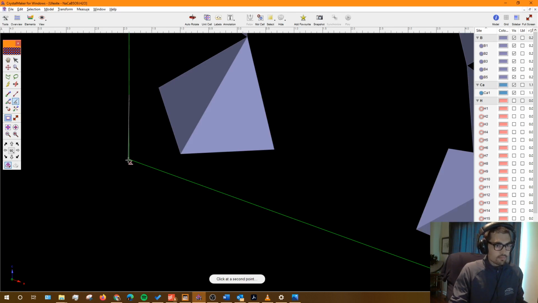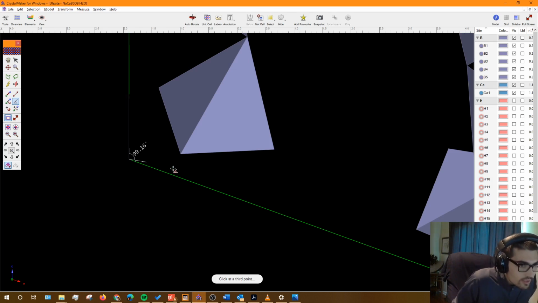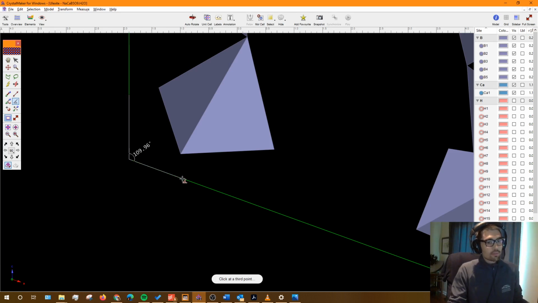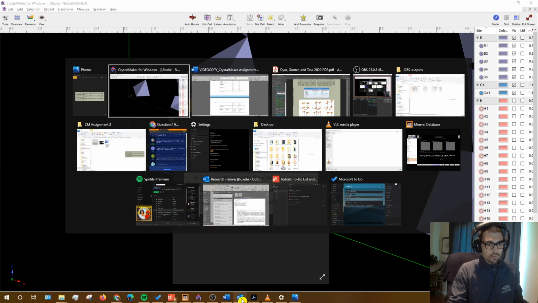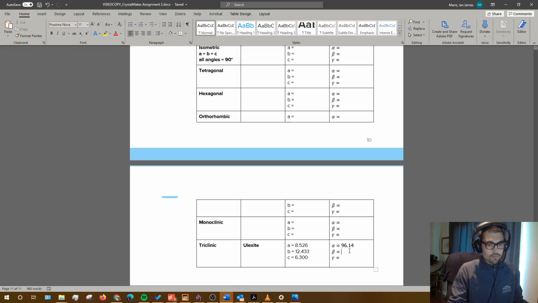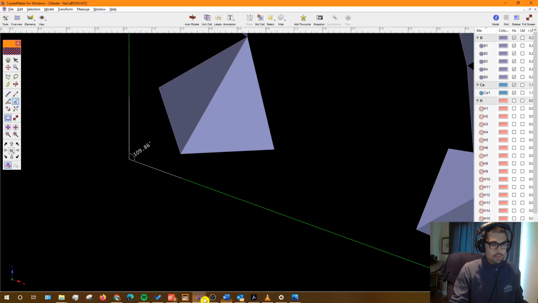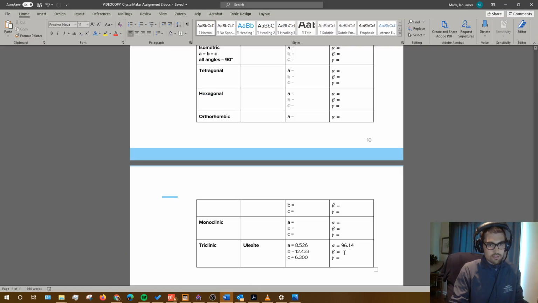I click, go to the vertex, get just about as close as I can. Click again, angle being measured, click again, and so the angle between A and C is 109.86 degrees. So we'll go back to the data table. 109.86 degrees.